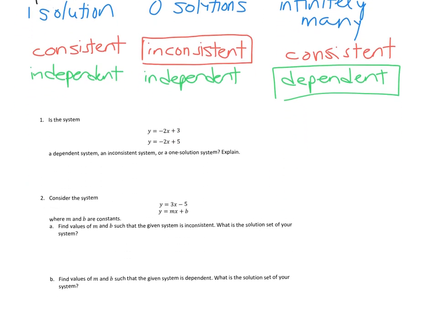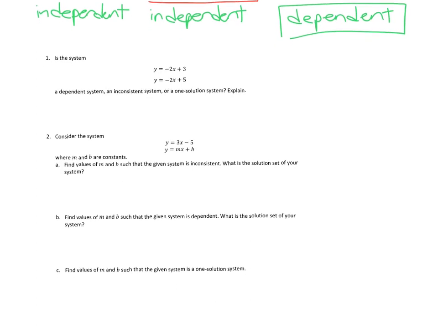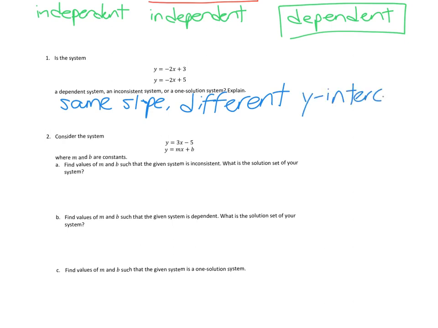So we have the same slope, different y-intercept, that tells us parallel lines. That tells us this is an inconsistent system.